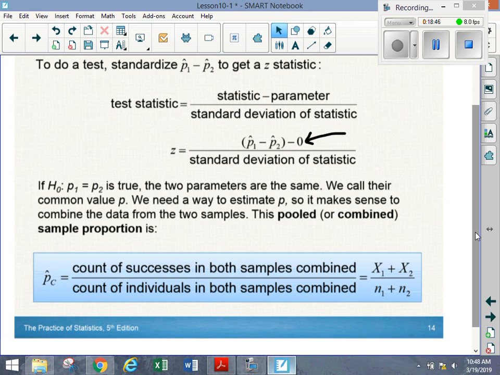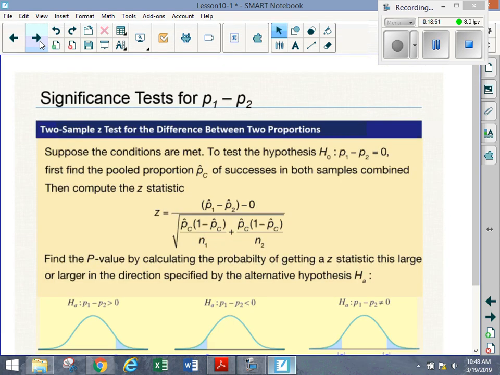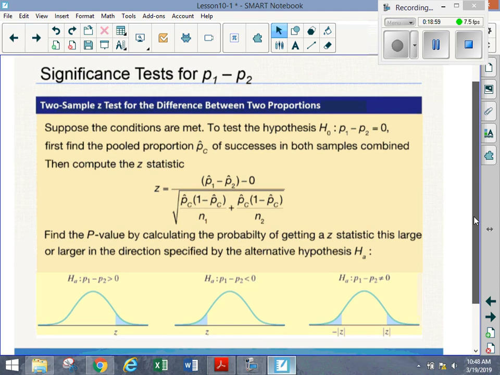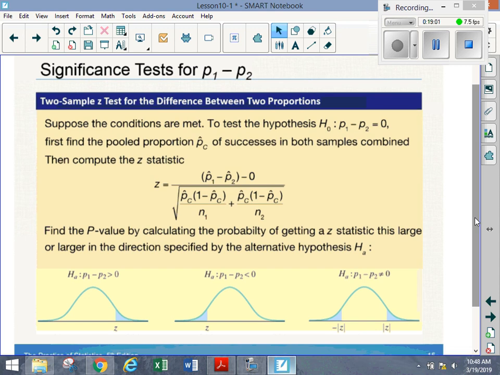So this pooled value is very important because you're going to use it to calculate your standard deviation. You will have to use a pooled value. I think that's where people slip up or get confused the most when doing these types of problems: they won't use the pooled value. They get confused about what to use and wind up using something weird.